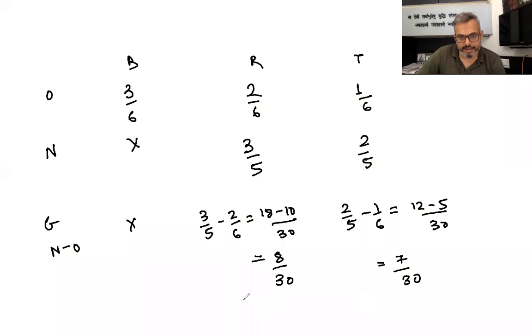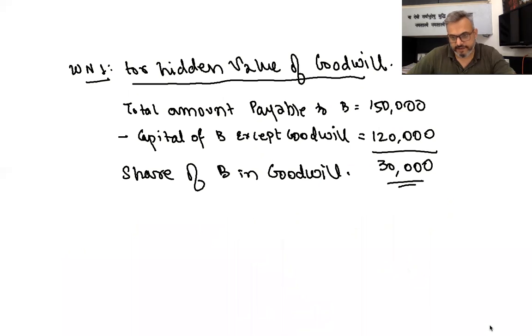So our gain ratio is 8 is to 7. Now, we already know gain ratio is 8 is to 7. दोनों को gain है तो दोनों को debit करना है, ये decided है.